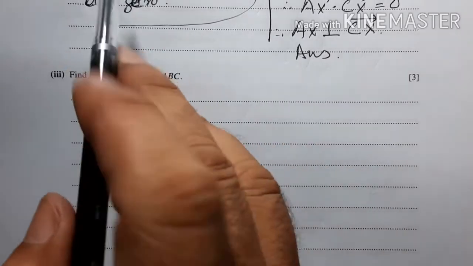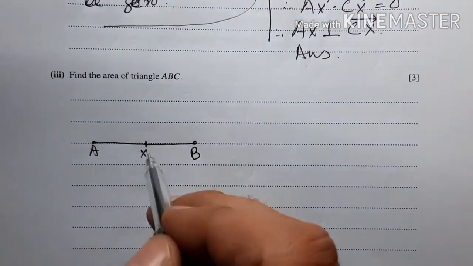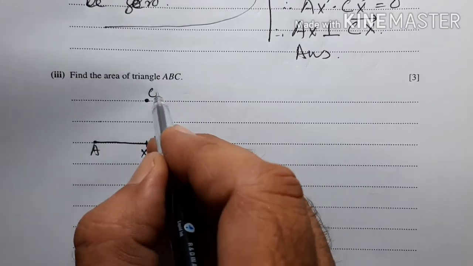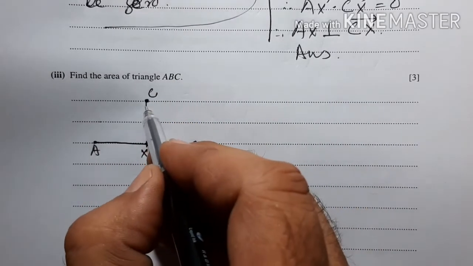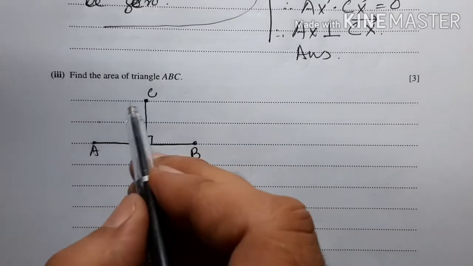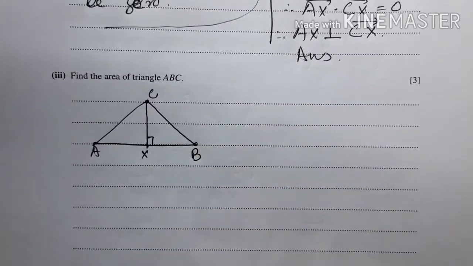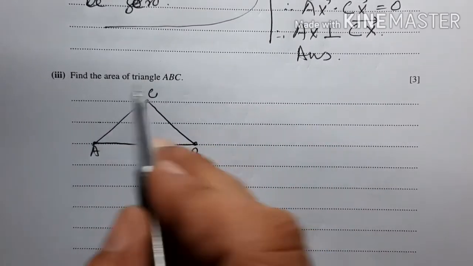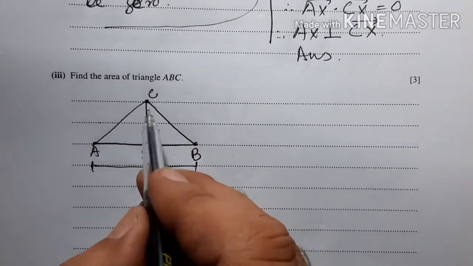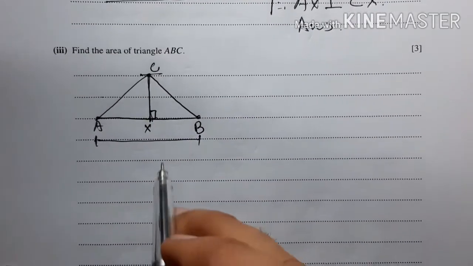And from part 2, I know that CX is perpendicular to AX, which means C is here. So this is perpendicular. If I join A to C and B to C, I will get a triangle ABC. This is the base and this is the height, so I need these two for the area of the triangle.